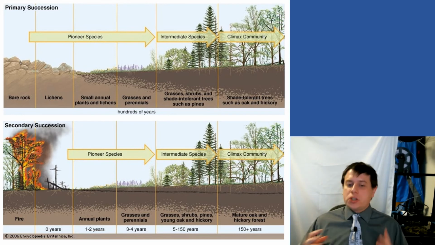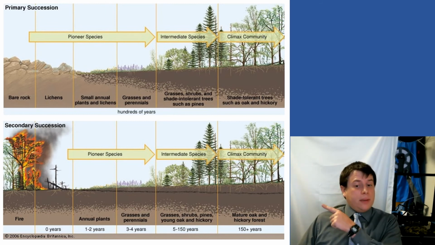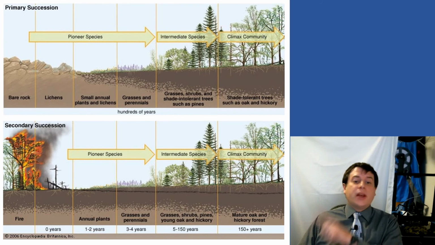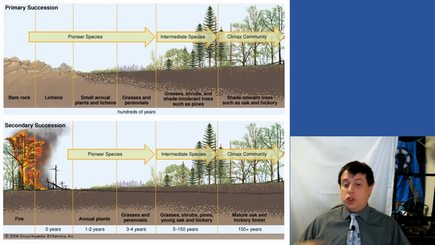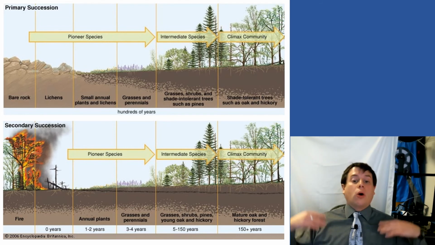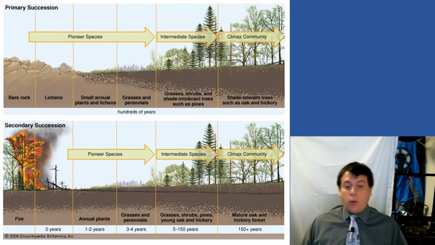But if you are starting from scratch with blank land with nothing on it, then you're going to have primary succession. And that's going to be up there at the top. That's going to be when you start with bare rock, like you have a lava flow that's just exposed new land, or a glacier's come along and scraped everything away down to just bedrock.